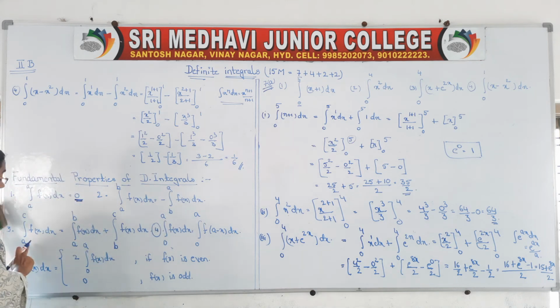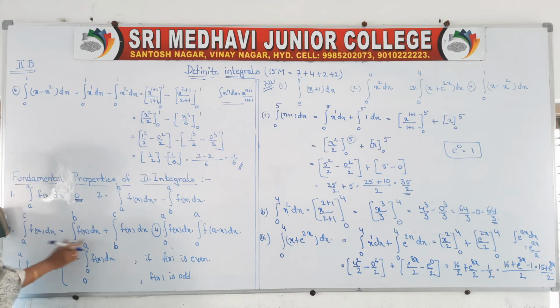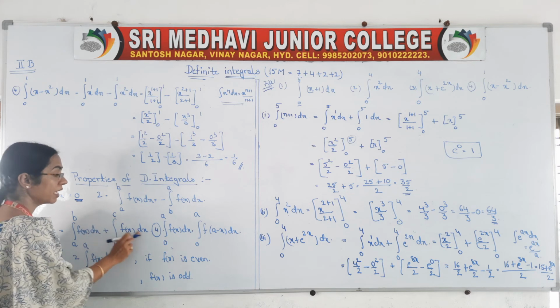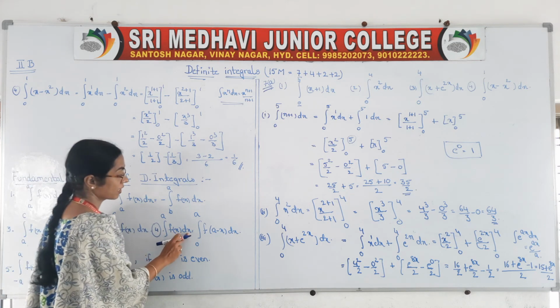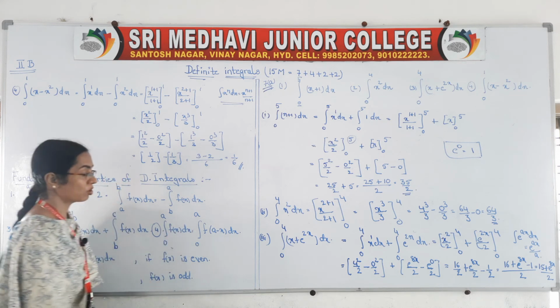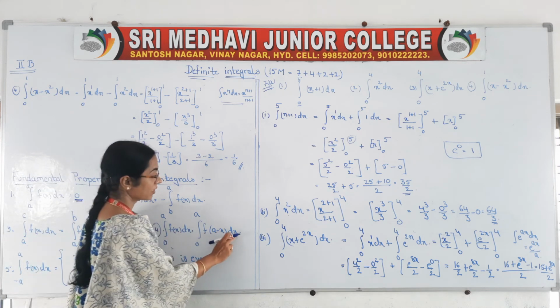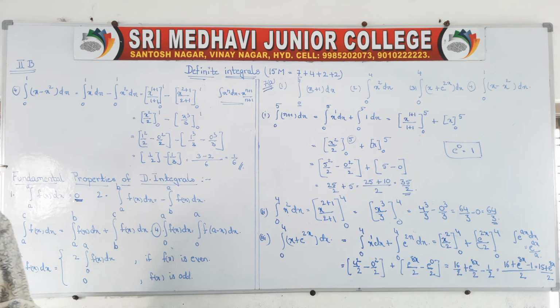Suppose we want to find the integral from a to c of f of x dx, and a number b is in between a and c, then we can split this integral into two integrals: integral from a to b of f of x dx plus integral from b to c of f of x dx. Next, integral 0 to a of f of x dx is equal to integral 0 to a of f of a minus x dx.